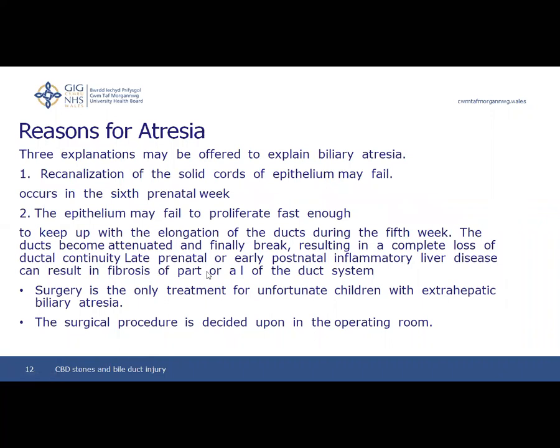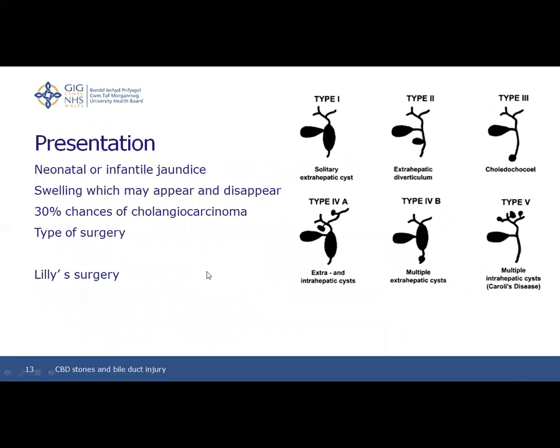And the most common presentation of the choledochal cyst is neonatal or pediatric obstructive jaundice, or infantile jaundice. The baby presents with a picture suggestive of obstructive jaundice, and there could be a swelling which appears and disappears in the right upper quadrant, like the swellings which appear and disappear in intussusception and hydronephrosis.